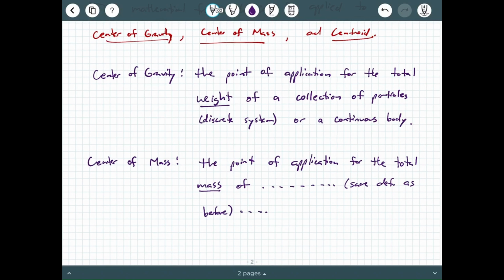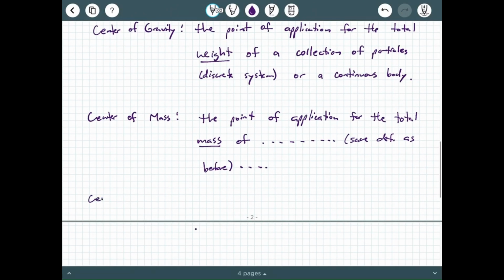And then centroid, again, has a very similar meaning. Centroid is the geometric center of an object or collection of objects.